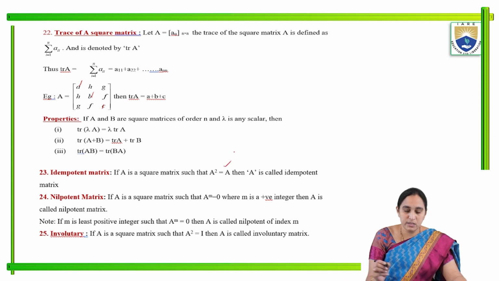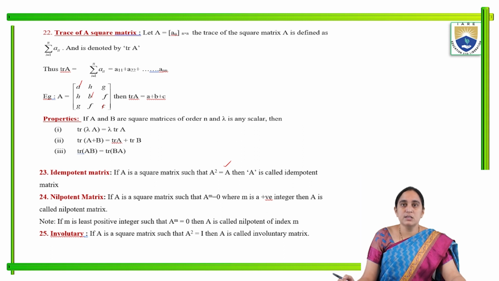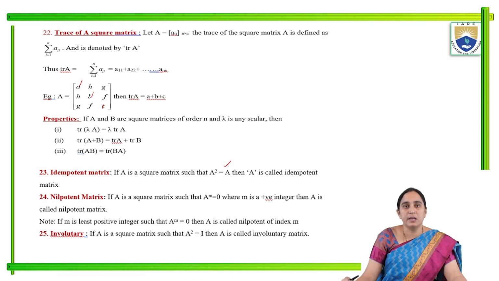Nilpotent matrix. If A is a square matrix such that A power m is equal to 0, where m is a positive integer, then A is called a nilpotent matrix. Idempotent means A square is equal to A.